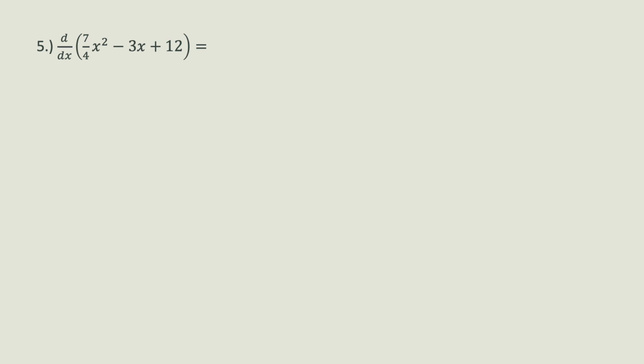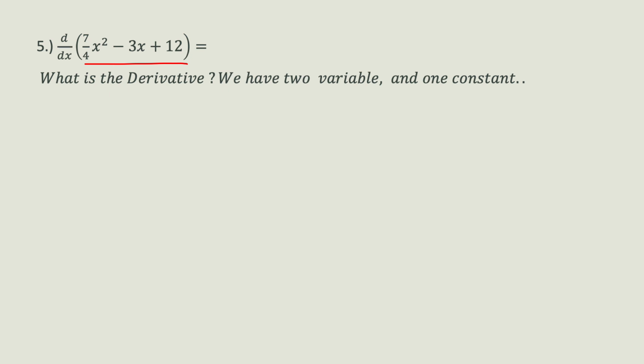We have two variable terms, 7 over 4 x squared and negative 3x, and one constant, which is 12. That means we'll have one 0 within our final solution, and two numbers that will stay.